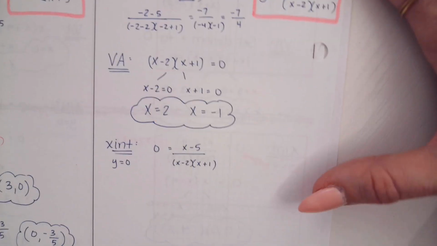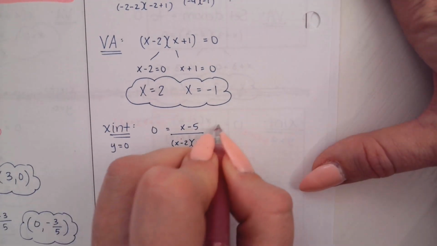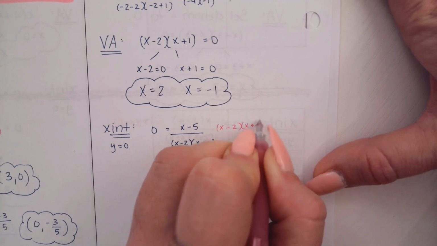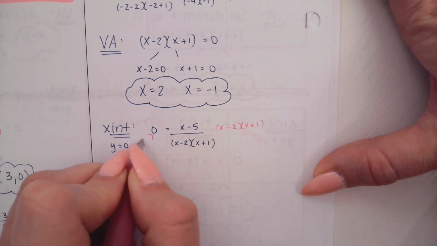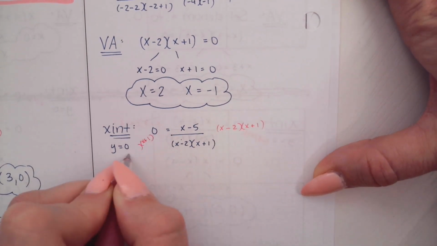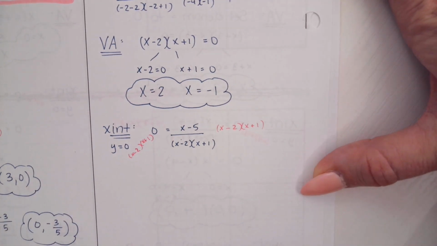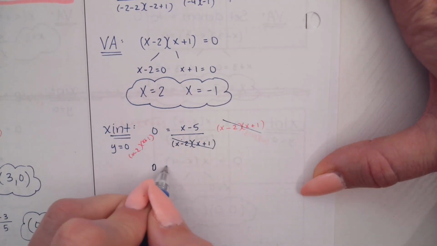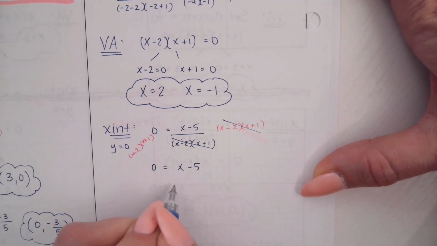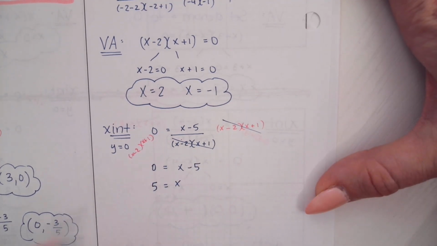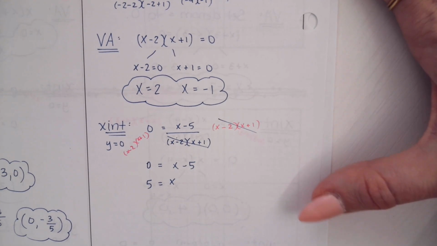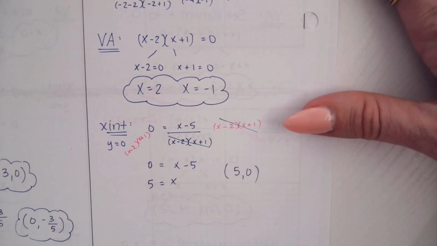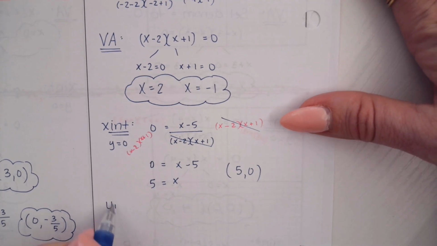Because when you multiply by the denominator, it's going to go away on both sides. So we get 0 equals x minus 5, which means x is 5, but we don't want to leave this answer like this. How do we write it? 5, 0. Good.